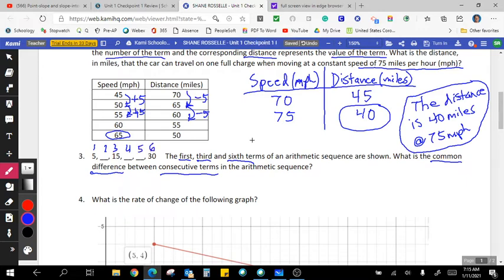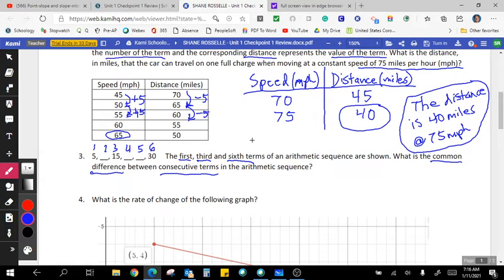They say that it's an arithmetic sequence, which means by definition that there's going to be a constant rate. It's not asking you about filling in those spaces, although filling in those spaces will definitely tell you what the common difference is going to be. It's asking you what the common difference is. The common difference is the difference between the first term and the second term, right?